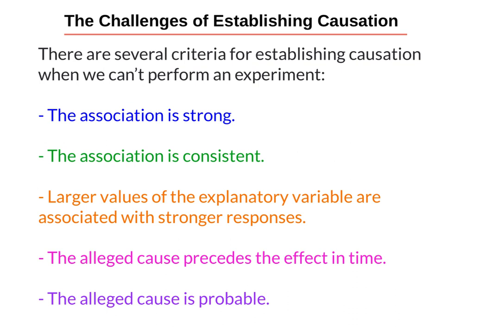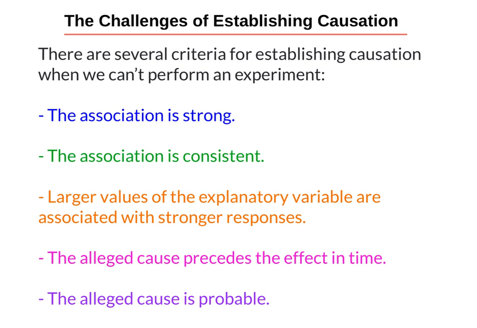Third criteria is that larger values of the explanatory variable are associated with stronger responses. In our example, it's been proven that people who smoke more cigarettes per day for longer periods of time have a higher cancer risk and get lung cancer more often. And those people who stop smoking reduce their risk.